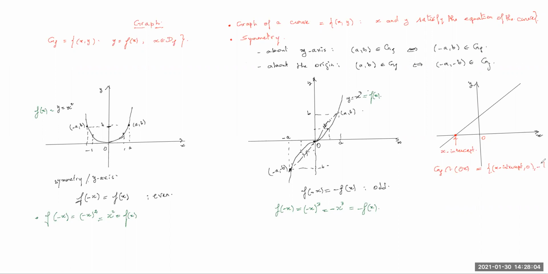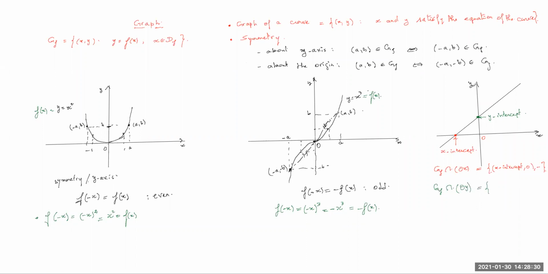So maybe I should leave it open, or with just dots like that. Now, the other intersection is also important. This one is called the intersection with the y-axis, the y-intercept. How do you look for it? You look for the intersection of your graph with the y-axis.